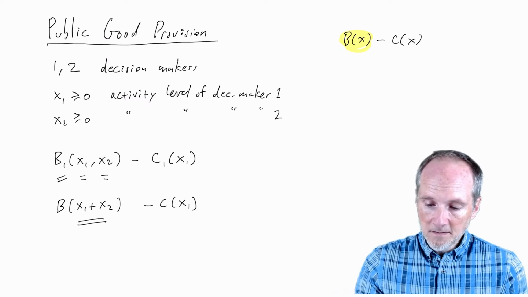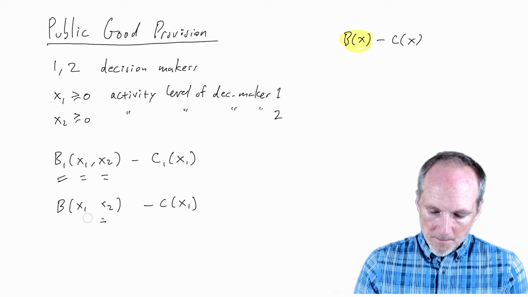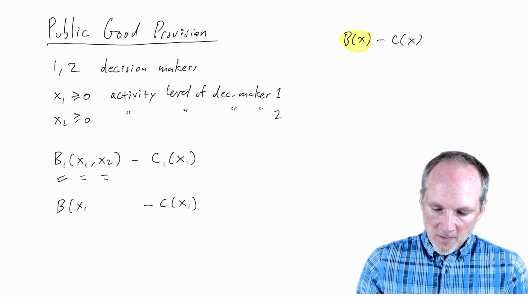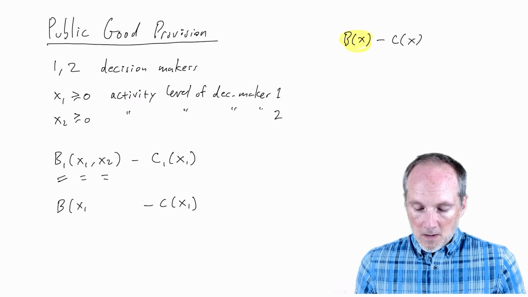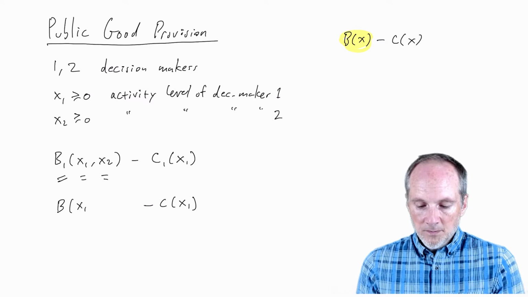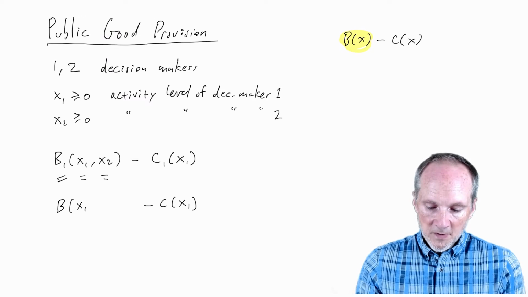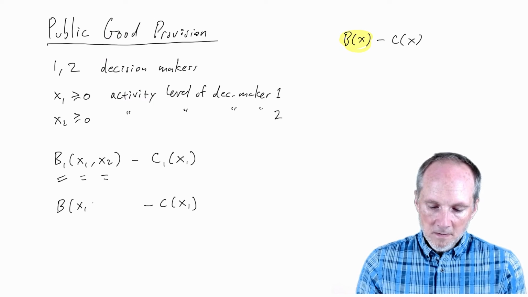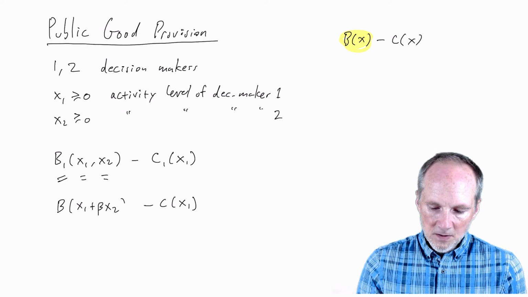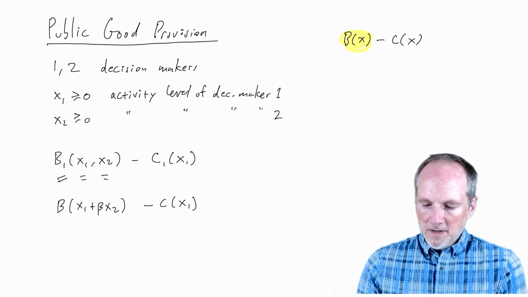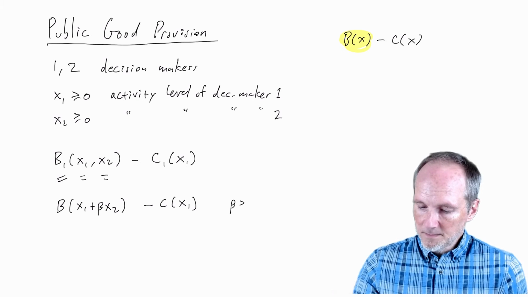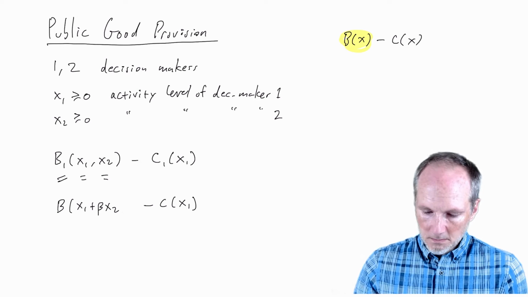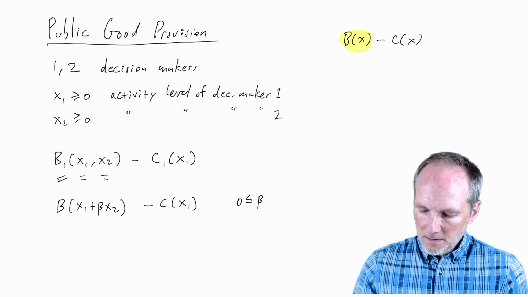So the way I'll do that is I'm going to write, again, this common benefit function now will just have one argument. Instead of the sum of the activity levels, I'm going to write x1 plus beta x2, where here beta is a parameter between 0 and 1.